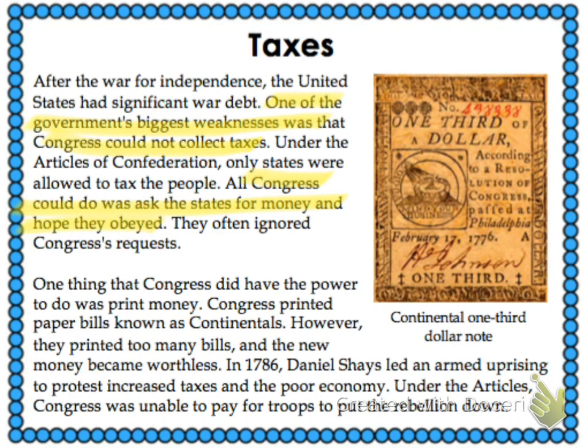So, some more weaknesses in this next paragraph. Right here, they printed paper money called continentals, but they printed too many bills, and the money became worthless. Okay?